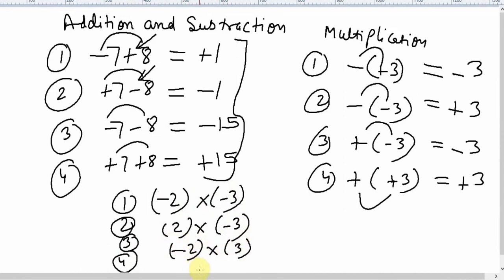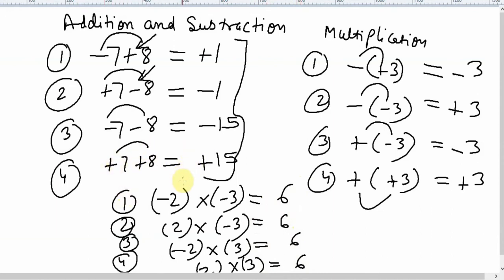The last is both positive, 2 into 3. In all cases, the value will remain the same, 6. Since it is multiplication, the value will come. The main concern is the symbol.